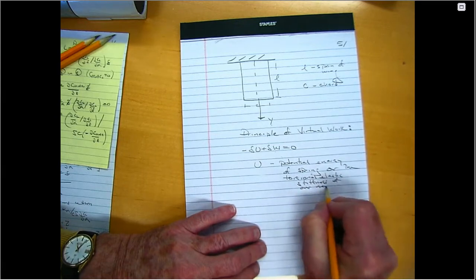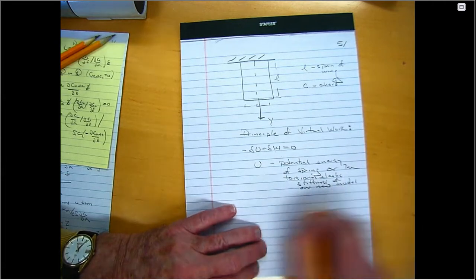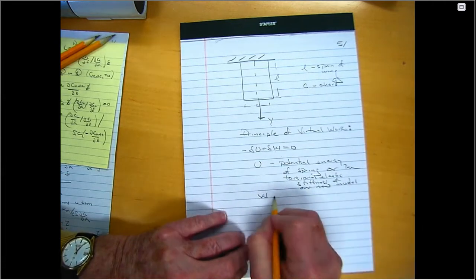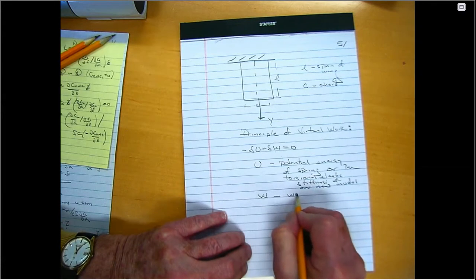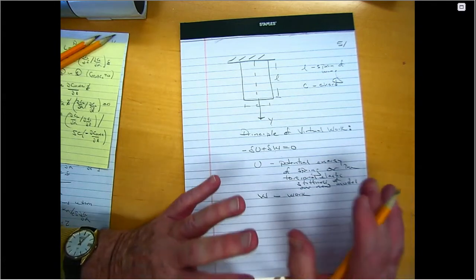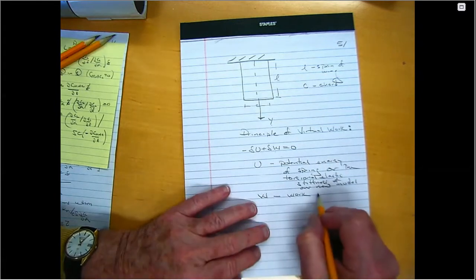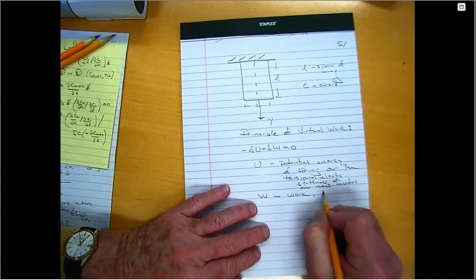And I'll write down the formula for it in a moment. W is work. And it's the work done by the aerodynamic moment.